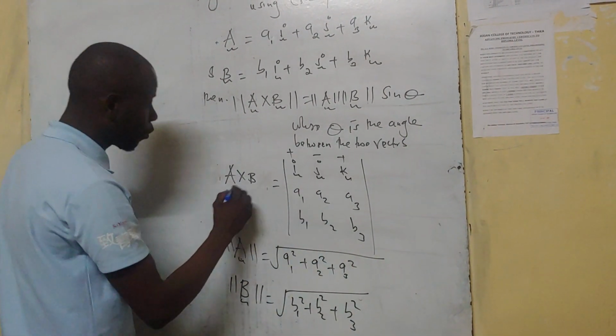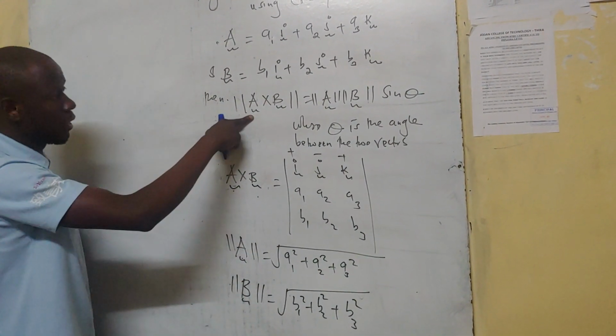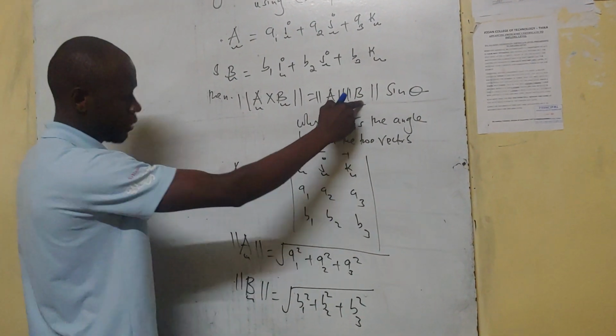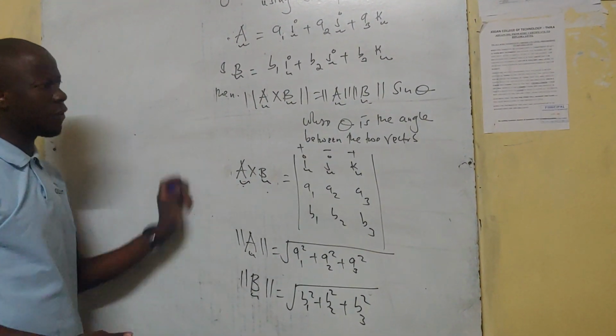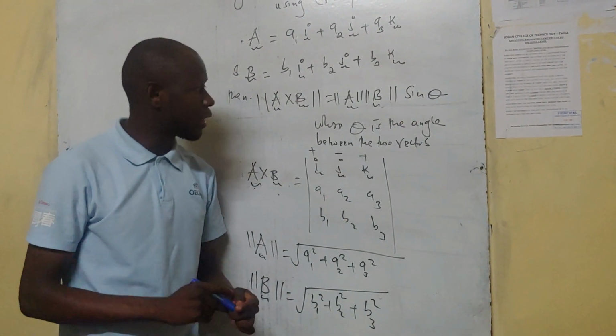Once we get A cross B and its magnitude, and the magnitudes of A and B from these expressions, we can use those three components to find the angle between the two vectors using the above formula.